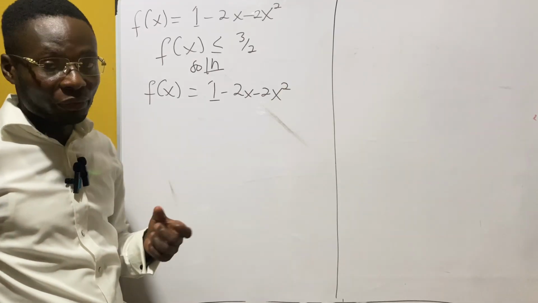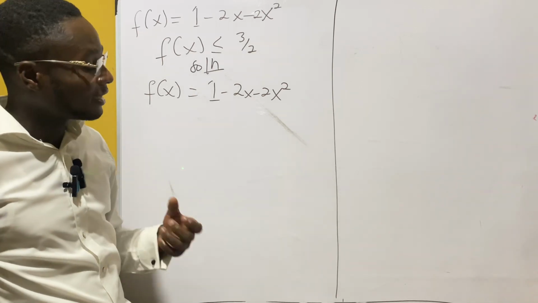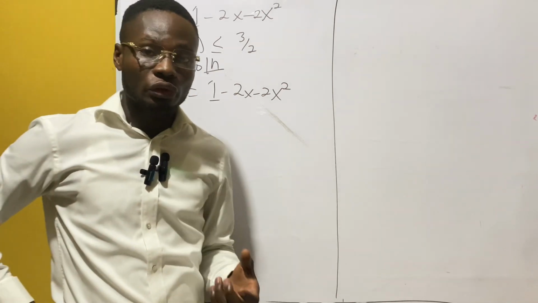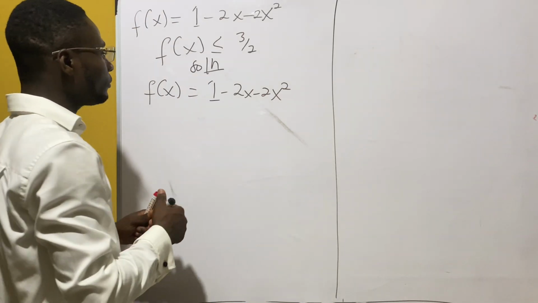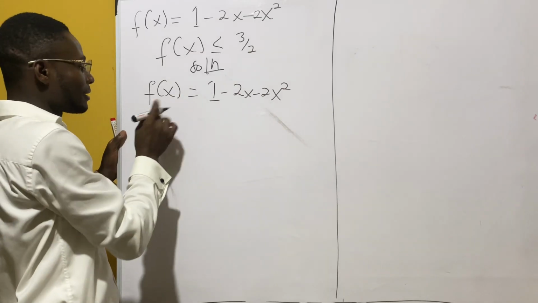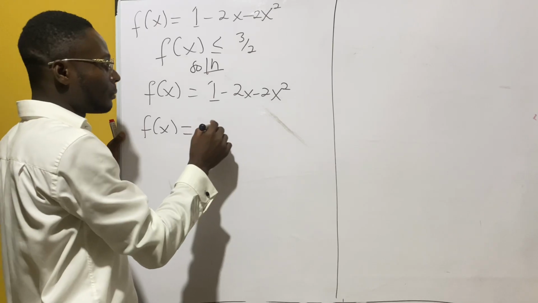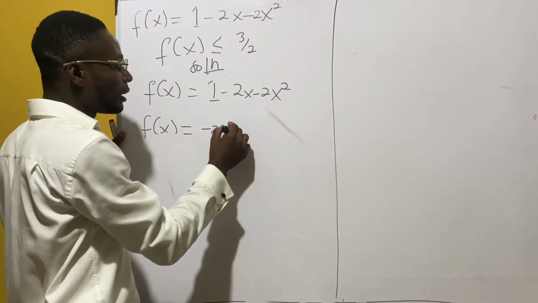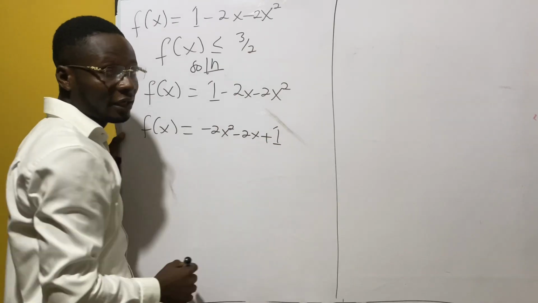Then we can apply the quadratic formula as well to find the roots. So here, let's begin. We know that f(x) is equal to negative 2x squared minus 2x plus 1.